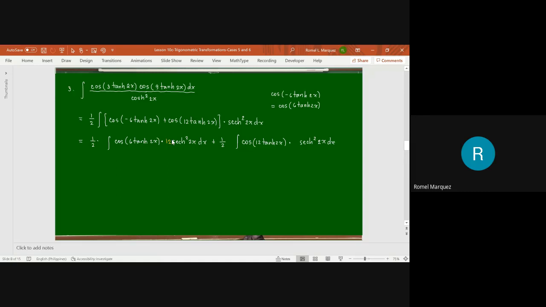Positive or negative? The first three, hyperbolic sine, hyperbolic cosine, hyperbolic tangent, are all positive derivatives. Hyperbolic cotangent, hyperbolic secant, hyperbolic cosecant are all negative. Is that clear, guys?